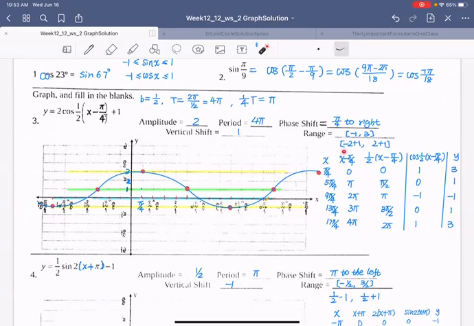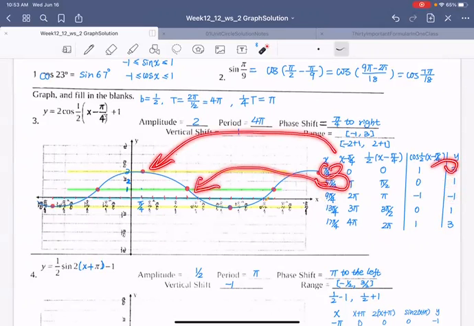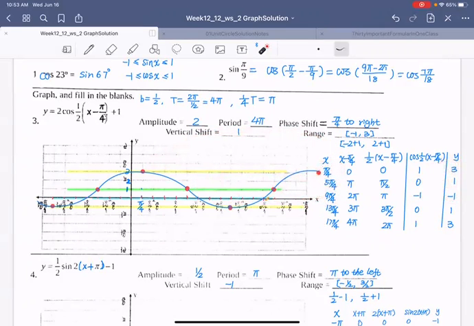And then if you want to make this go to 0, that is pi over 4, 5 pi over 4, 9 pi over 4, 13 pi over 4, and 17 pi over 4. Now you have all those points in pairs. And then you can write down each point into the correct spots, and then you come to your graph.